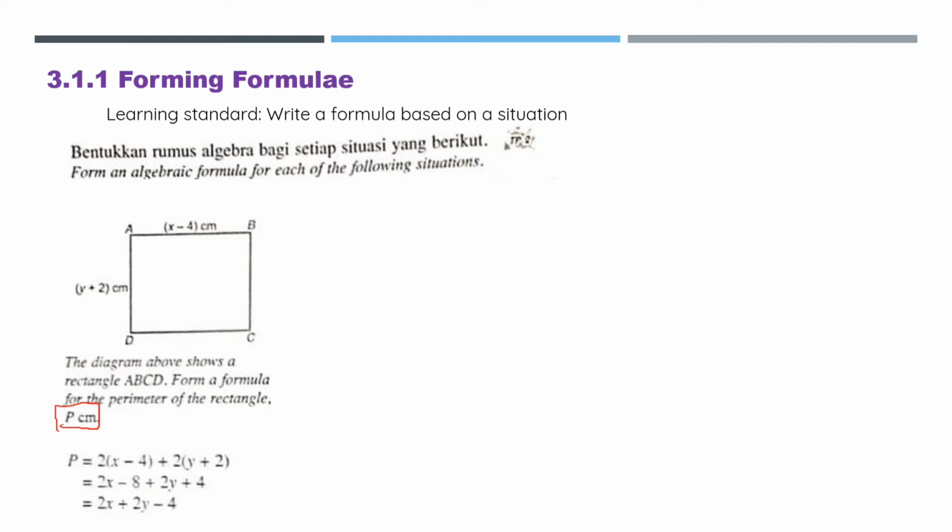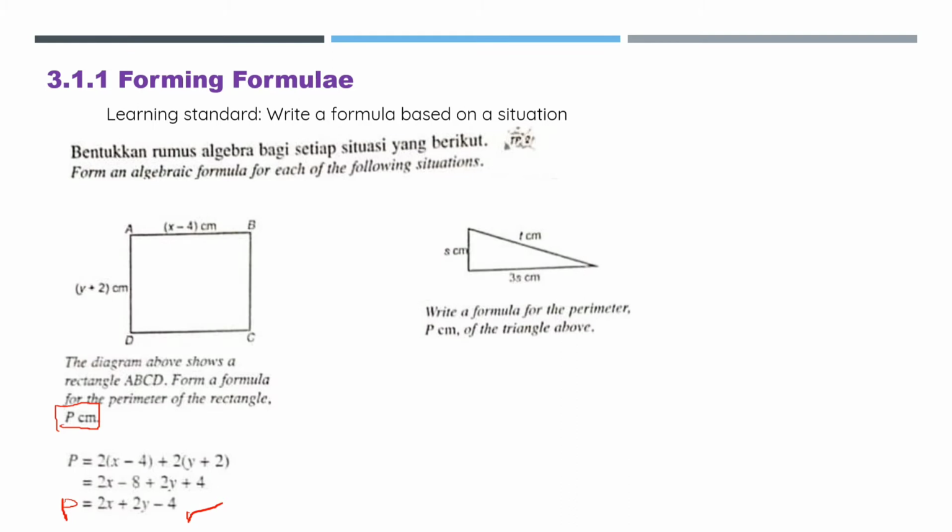So 2 times x minus 4 cm here plus 2 times y plus 2 here equals 2x minus 8 plus 2y plus 4, equals 2x plus 2y minus 4. P equals 2x plus 2y minus 4. This is the formula that we formed from this diagram.